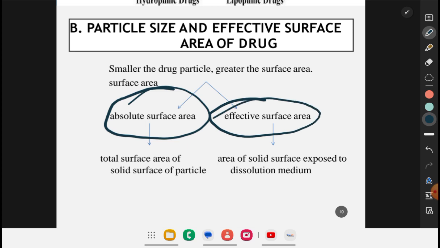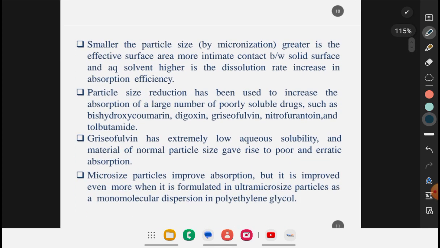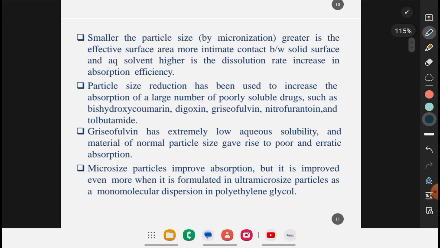Absolute surface area is the total surface area of the solid surface of the particle, and effective surface area is the area of solid which is exposed to the dissolution medium. Next, the smaller the particle, the greater the effective surface area and the more intimate the contact between the solid surface and aqueous solvent, so higher dissolution and thus high absorption will be there.